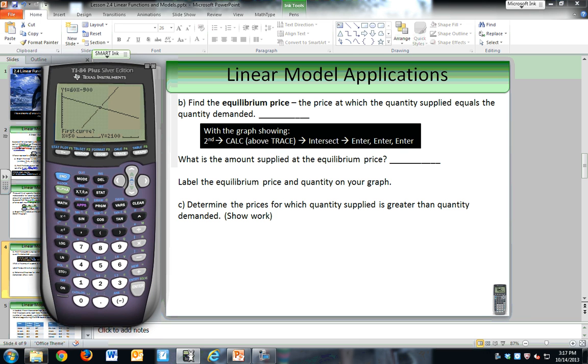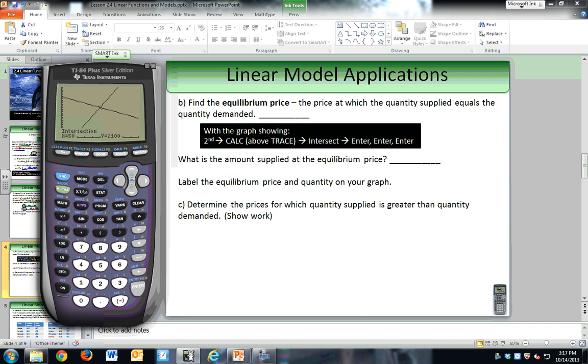First curve: make sure your cursor is on one of the lines, and hit enter. Then the second time around, make sure your cursor is on the other line, enter. Just hit enter again, and it finds the intersection point of those two lines.